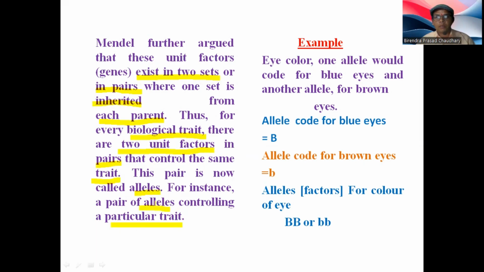So here the main concept that Mendel has given is that genes are required for the inheritance of hereditary characters from one generation to another generation. The genes which are known as alleles nowadays were called factors at the time of Mendel.